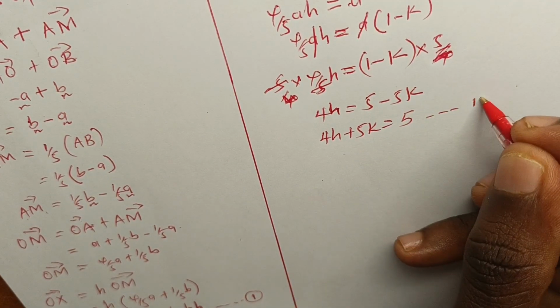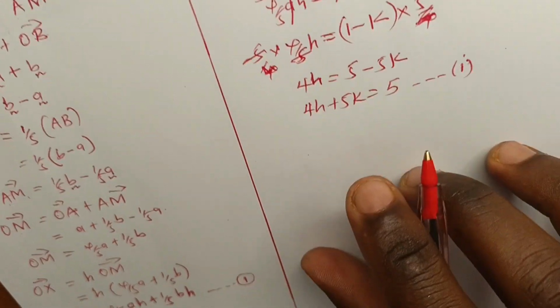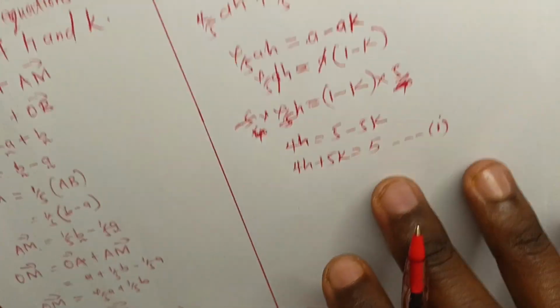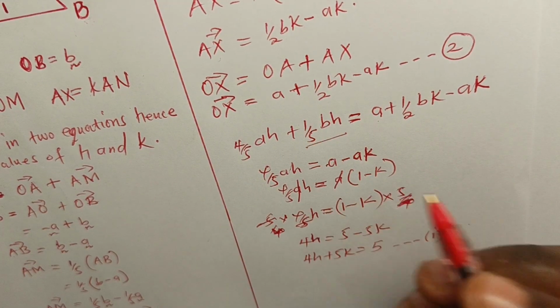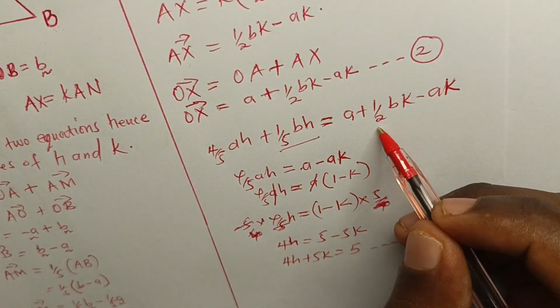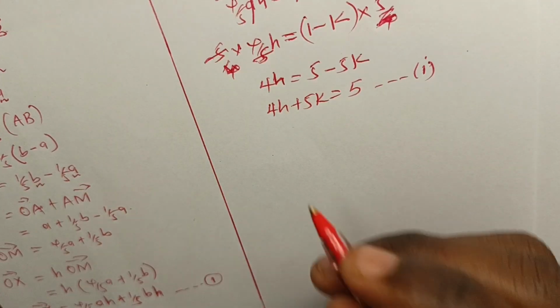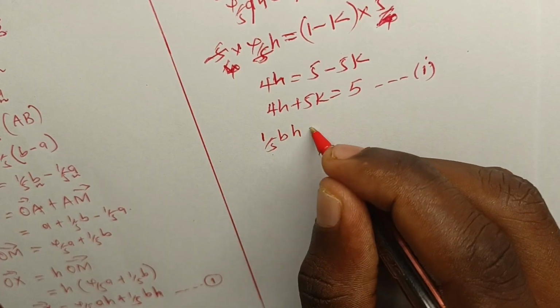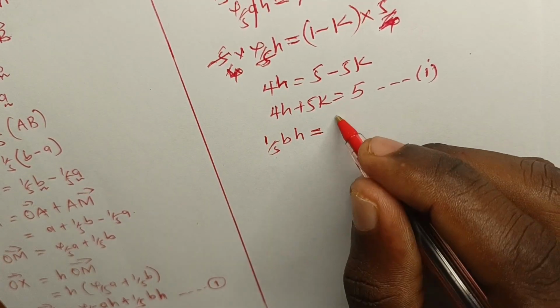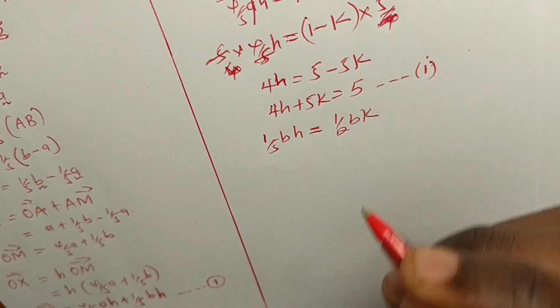That is my first equation. My second equation, I'll say 1 over 5 bh is equal to half bk.